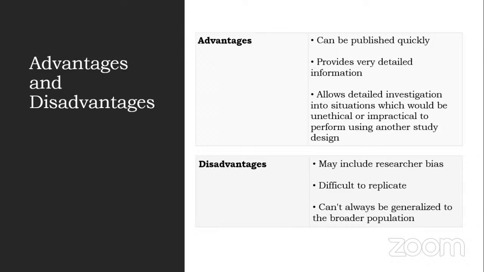All right, so difficult to replicate. Okay, replication is another problem if we are talking about case study method. Why? Because each case study has its own shape, its own format, its own niche, I would say.